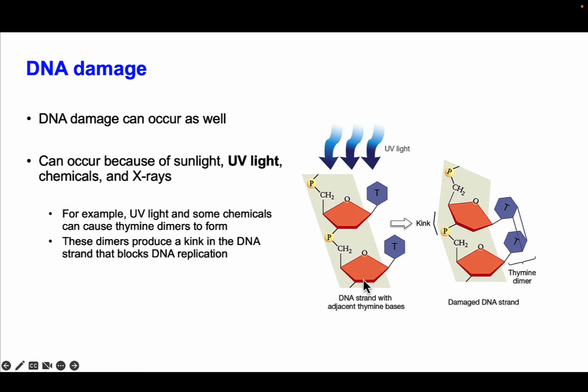So here is one strand of DNA with two thymines attached to each other by a phosphodiester bond. Normally these thymines would bind to adenine via hydrogen bonds in an anti-parallel strand. But if exposed to UV light, these bases will cross-link, and this forms a thymine dimer that produces a kink in this strand of DNA and blocks DNA replication from occurring.